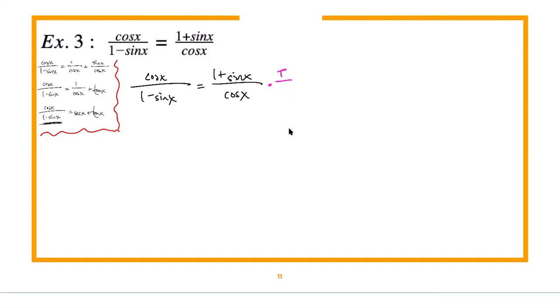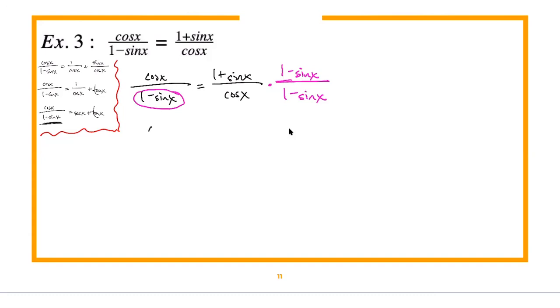So instead, what I'm going to multiply by is 1 minus sine x over 1 minus sine x. And where did I come up with that from? Because I looked at what was on the other side, and I was like, if I had a 1 minus sine x in the denominator, I would be well on my way to making the two sides look the same.